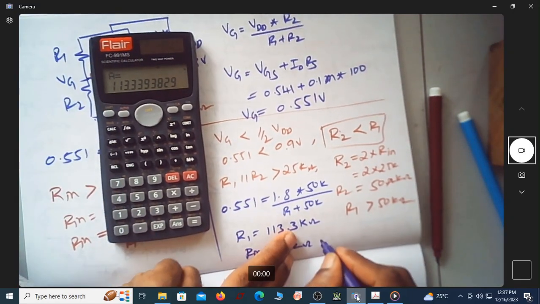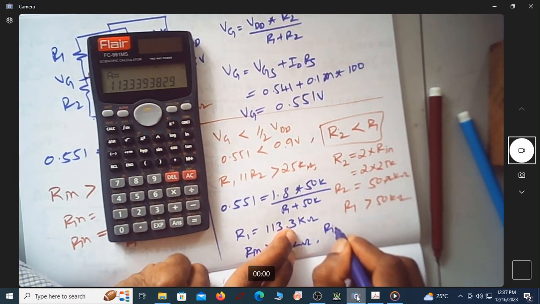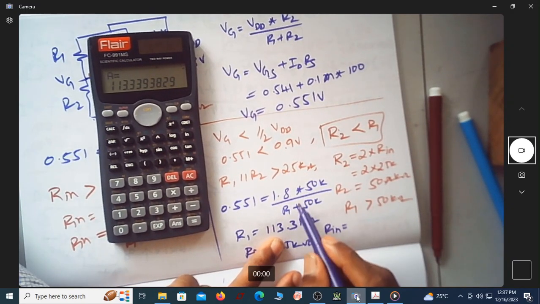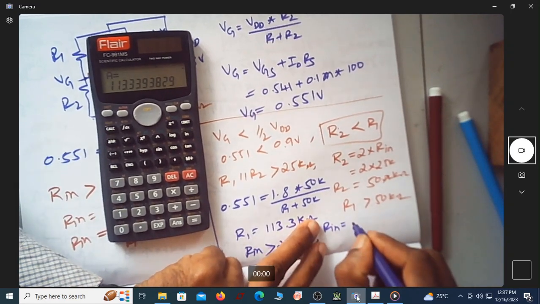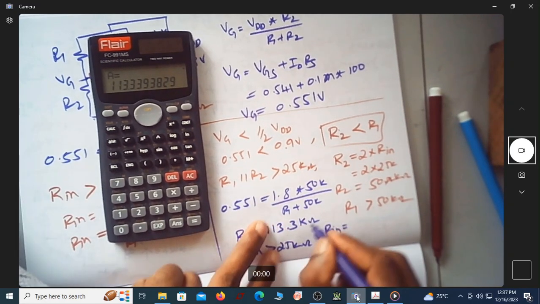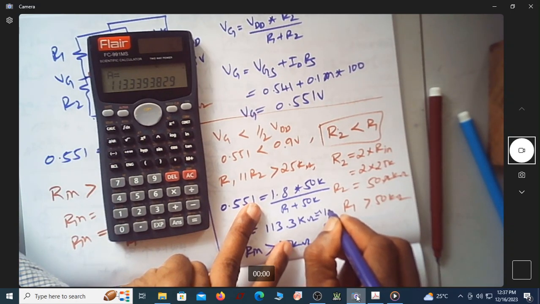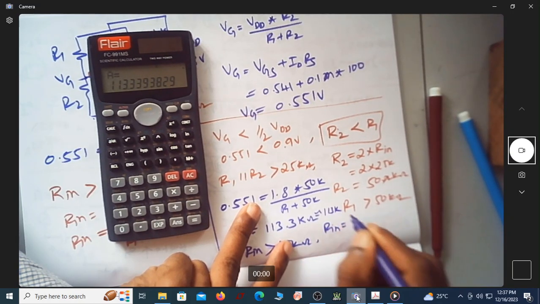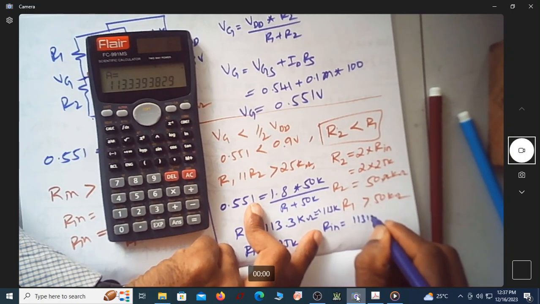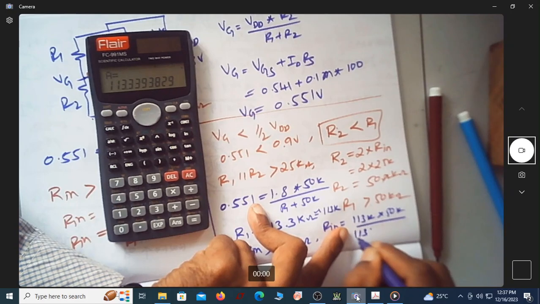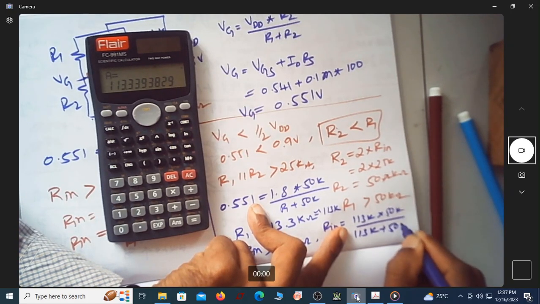Now if you want to find the actual R in with R1 as 113k and R2 as 50k, it is 113k into 50k by 113k plus 50k.